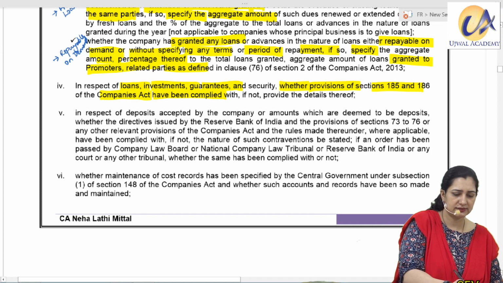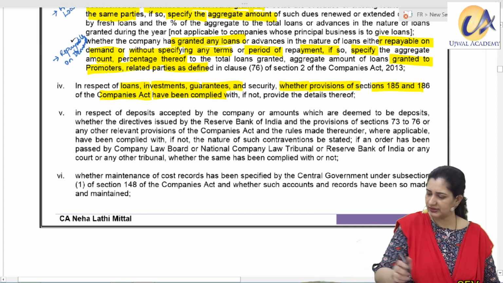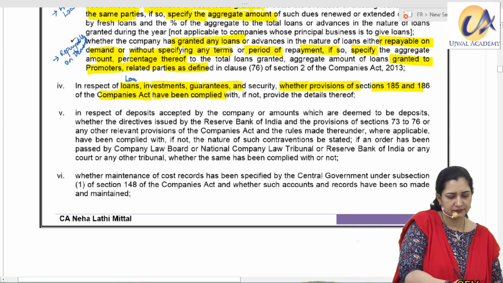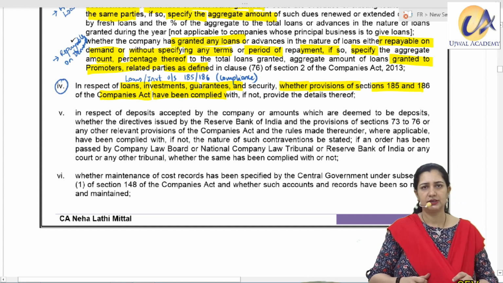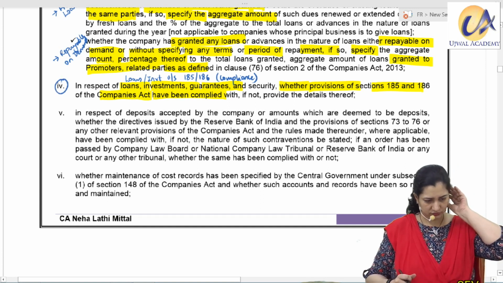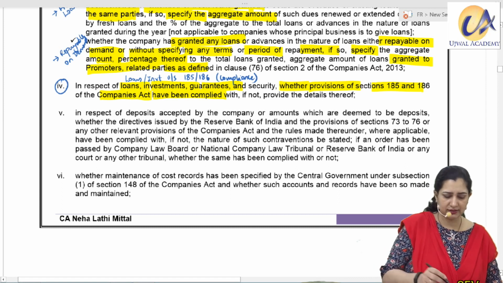So what is the name of this point? We will say loans, investments under sections 185 and 186, the compliance we have to check. Compliance, okay? This is the 4th point. So what are the 4 points we have seen so far?